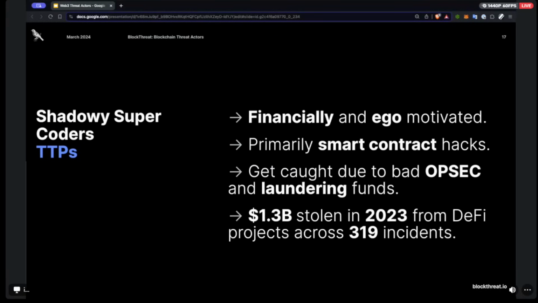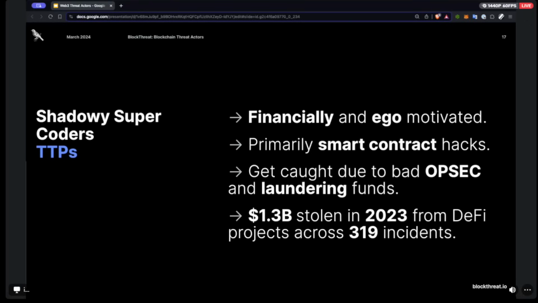Primarily smart contract attacks. So the first one was the exception just because there weren't that many smart contracts back in 2016, and the DAO was the first big one, which kind of showed everyone you can target these systems as well. Usually get caught due to bad OPSEC and just being careless while laundering funds.